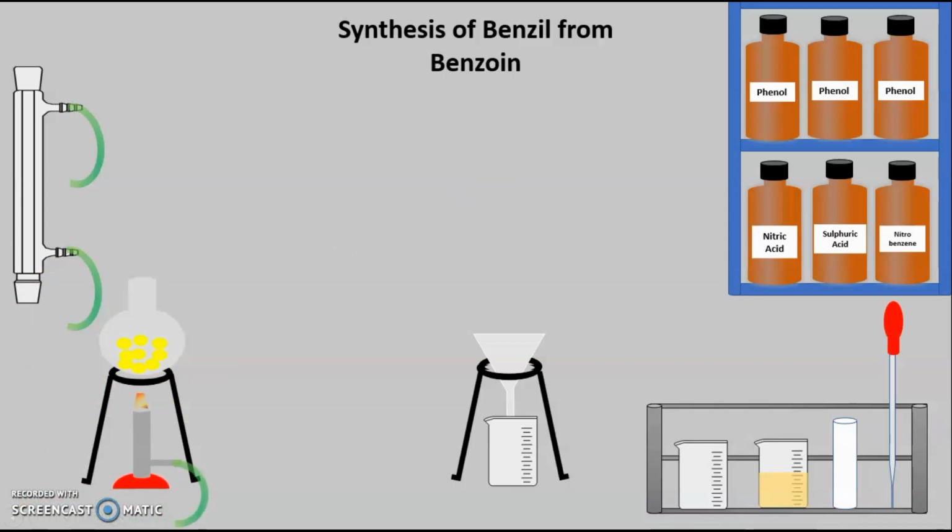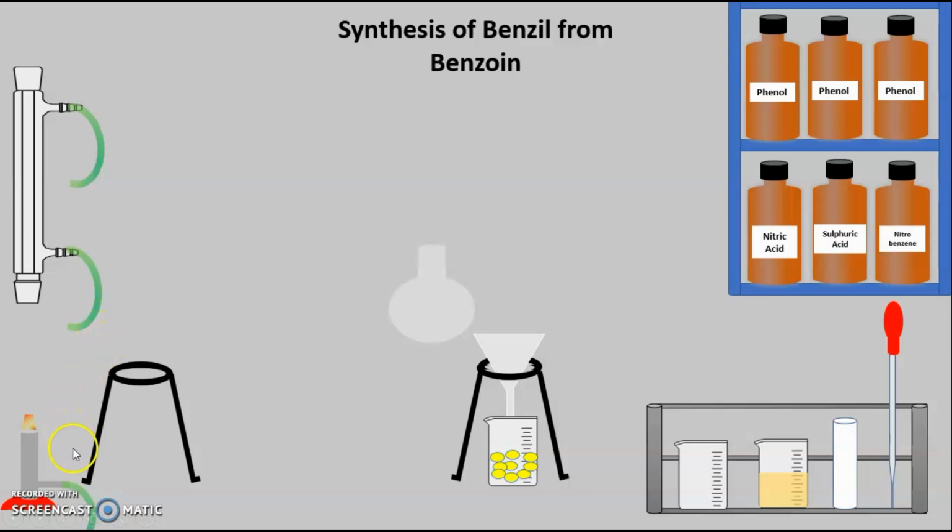Then we will start the heating, and once the temperature increases, the crystals will dissolve into liquid, and as soon as that happens we will filter the solution while it is hot. When the solution is cooled, the crystals of benzil will be reprecipitated. In this way we can perform the recrystallization of benzil.